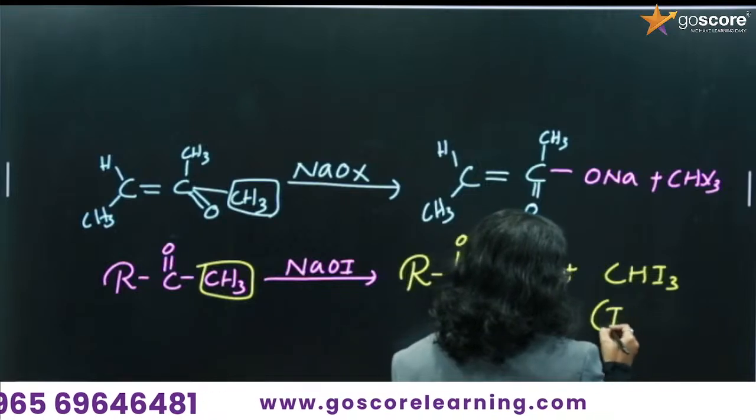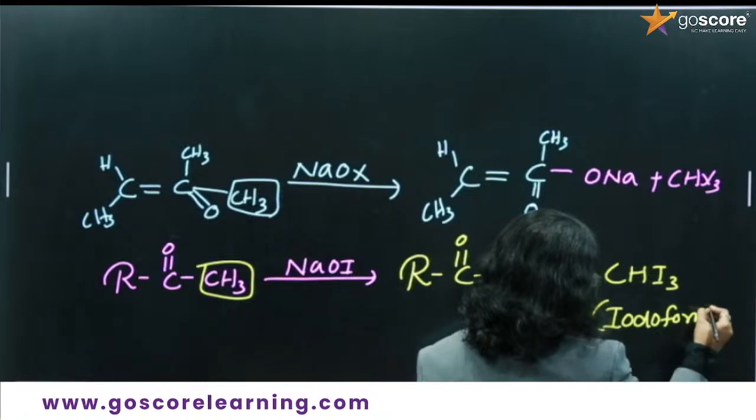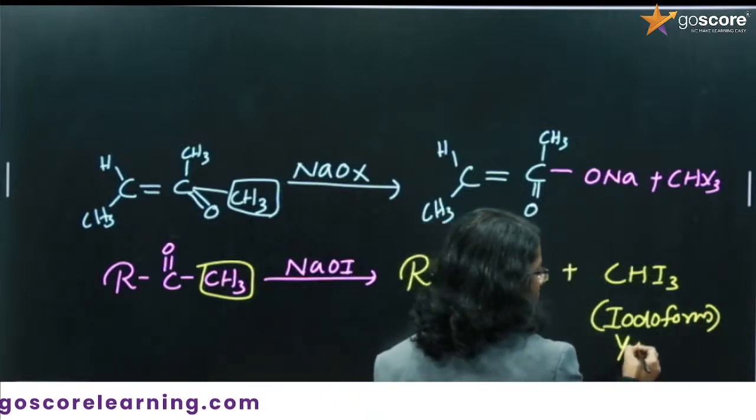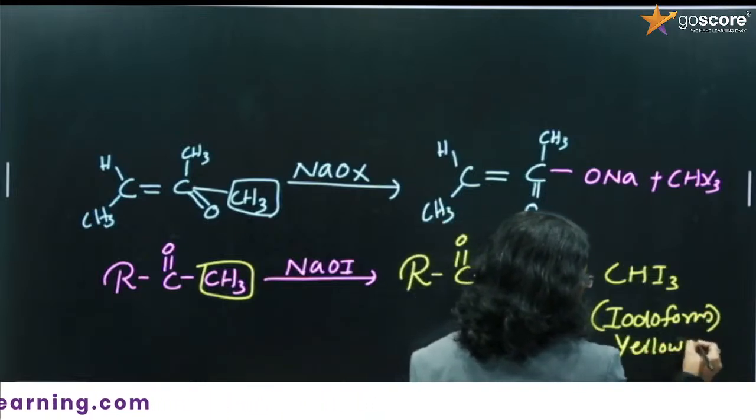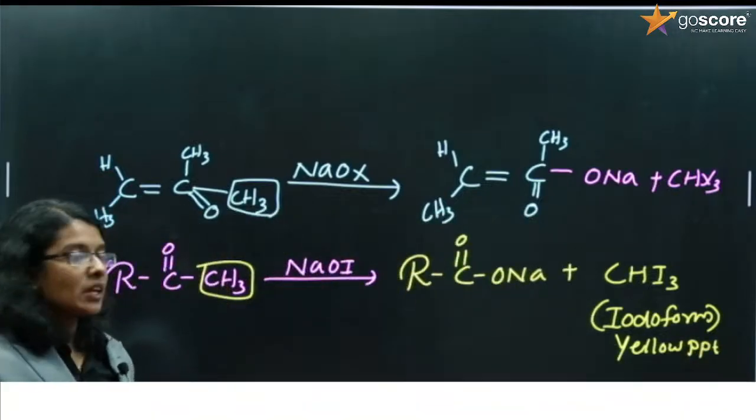This is the iodoform reaction, and it will give a yellow precipitate.